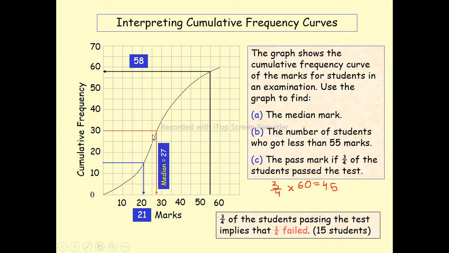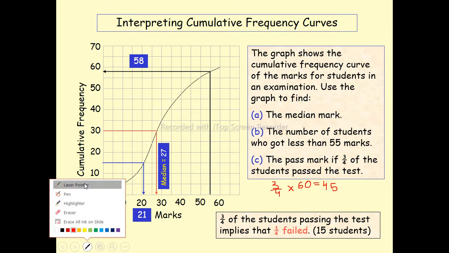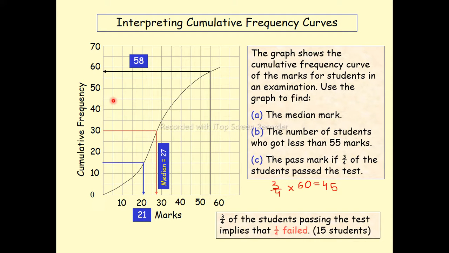Okay, let's think about it. If we talk about 3/4, 3/4 is 45. So if we did do 45, this value, 45, is connected to about 37.